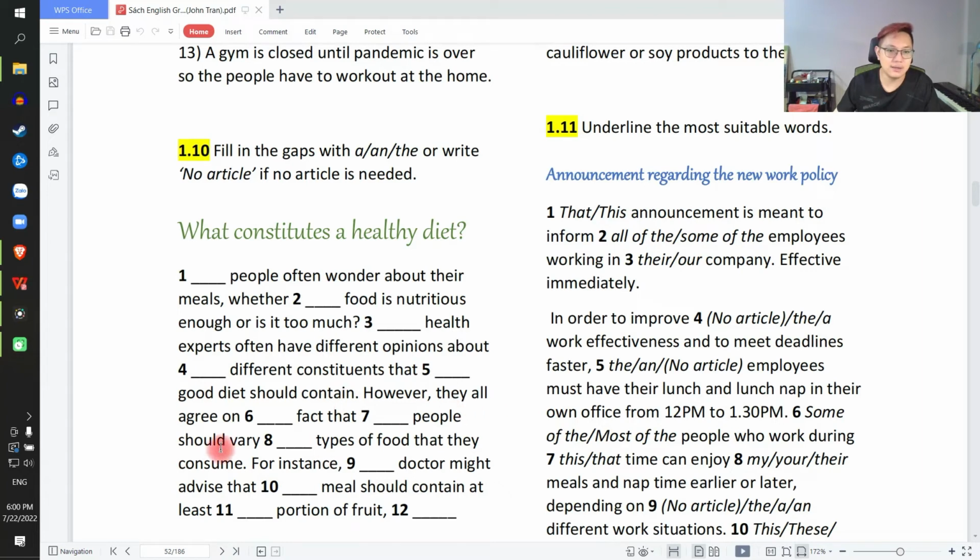However, they all agree on the fact that people should vary the types of food that they consume.